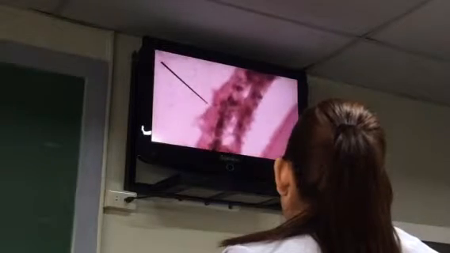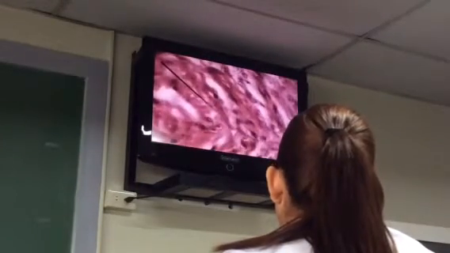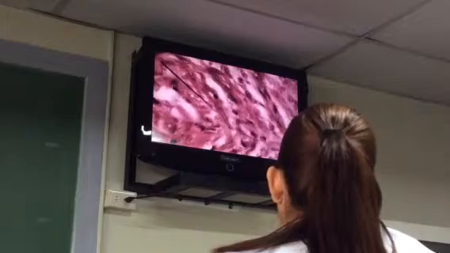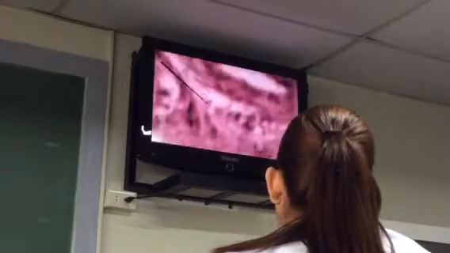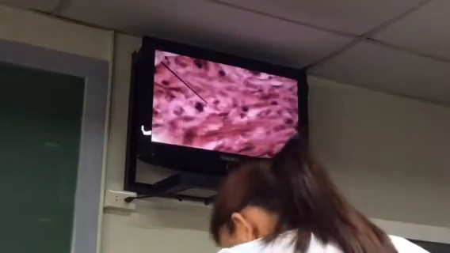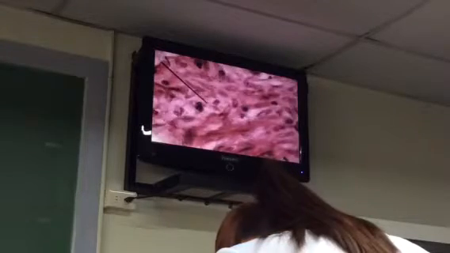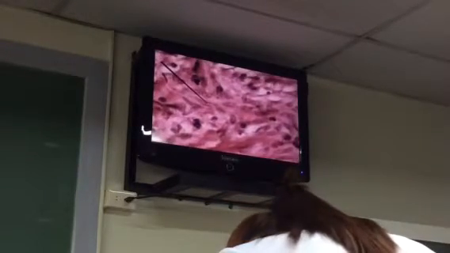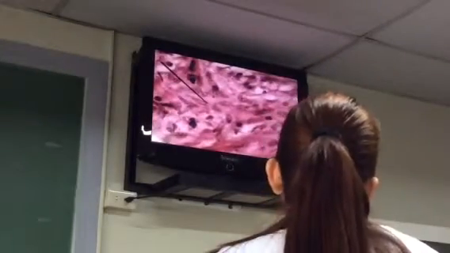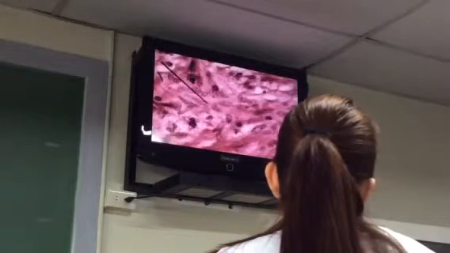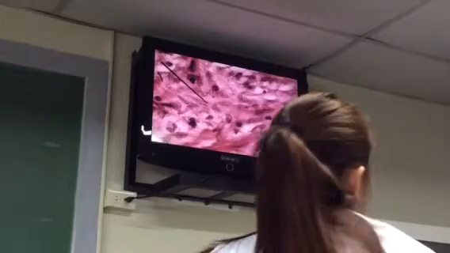Pseudostratified columnar. That will be the lining of your alveolus. Okay? So again, if you look at the substance, fibrous, quite fibrous, there you go. And you might find smooth muscles in between. So this is the picture of your prostate gland.